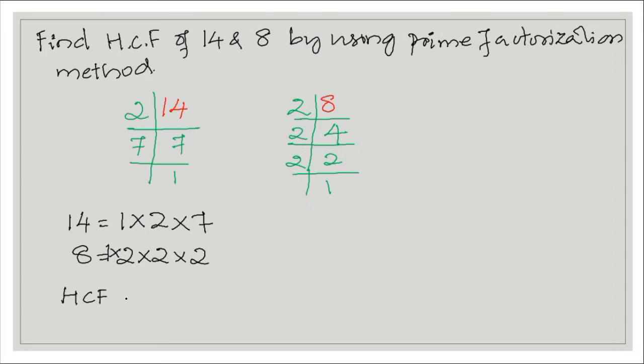Highest common factor is the product of lowest powers of the common factors to all the numbers. In this, what are the common factors? In the previous session, we have learned the common factors. We can find it out, 1 and 2.